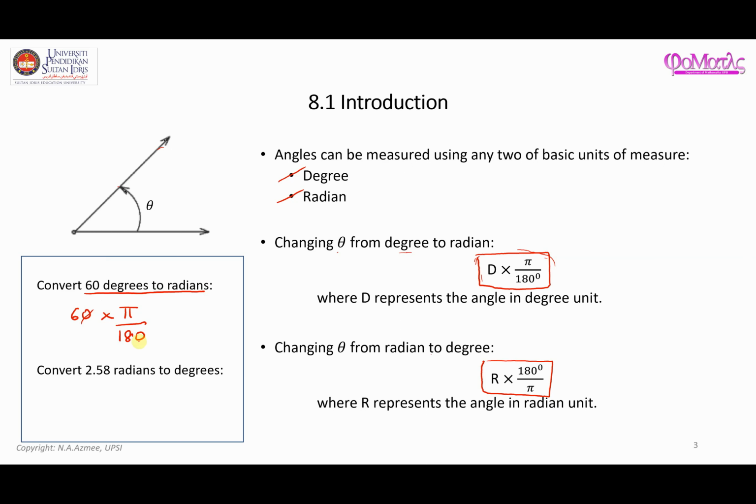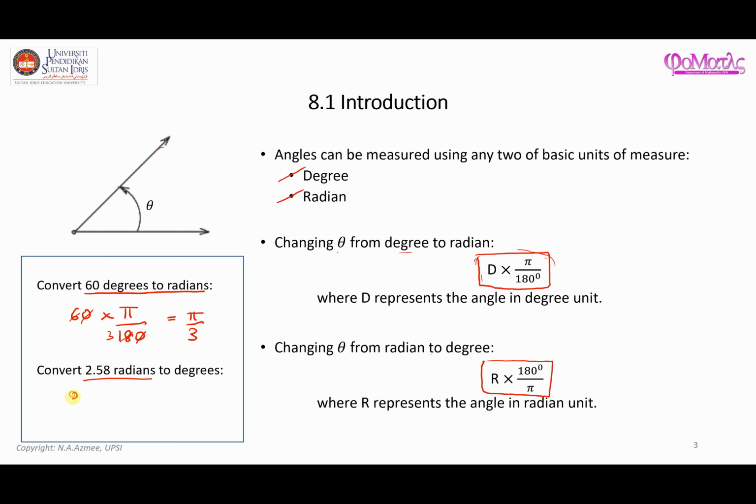You can cancel that out, and this simplifies to 3. So the answer is pi over 3, which is the radian measurement.